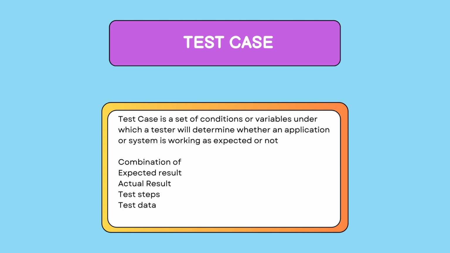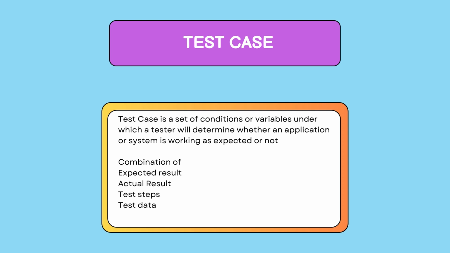Let's take any one feature. Let's take a username field. Suppose there is a requirement that the username should only accept alphabets and not numbers. Then our expected result will be that the username should only accept alphabets, and the actual result should be the same as expected.